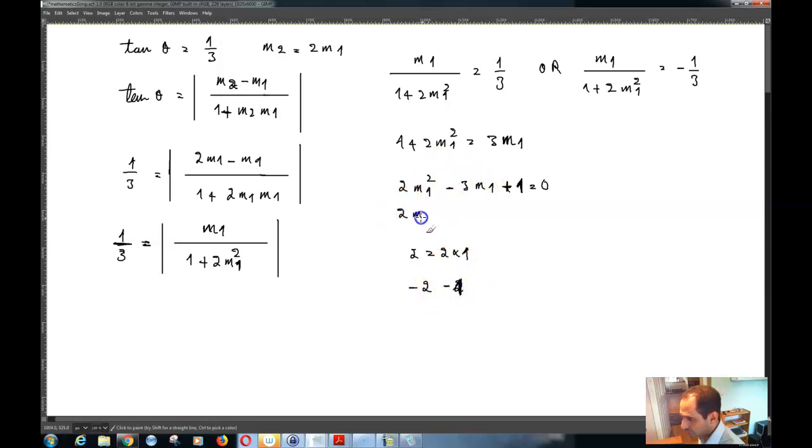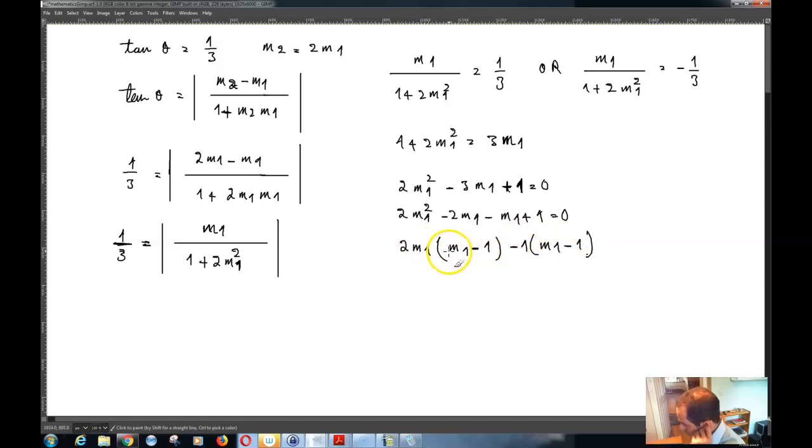So I can write this as 2 times m1 squared minus 2m1 minus m1 plus 1 is equal to 0. And then I can write this as 2 times m1 times m1 minus 1, minus 1 times m1 minus 1.